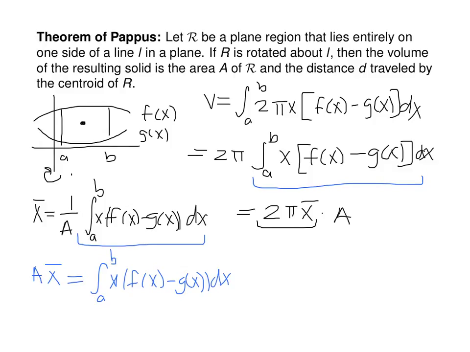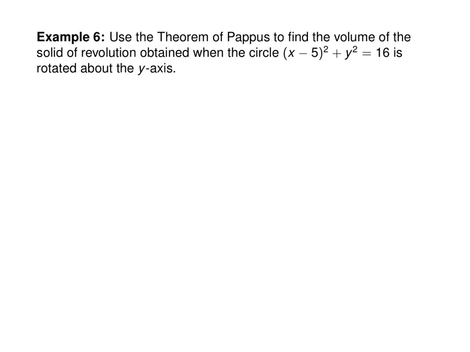So let's use that to find the volumes of some solids. We are going to find the volume of the solid of revolution obtained when the circle (x minus 5) squared plus y squared equals 16 is rotated about the y-axis. This is a circle of radius 4 centered at (5, 0).